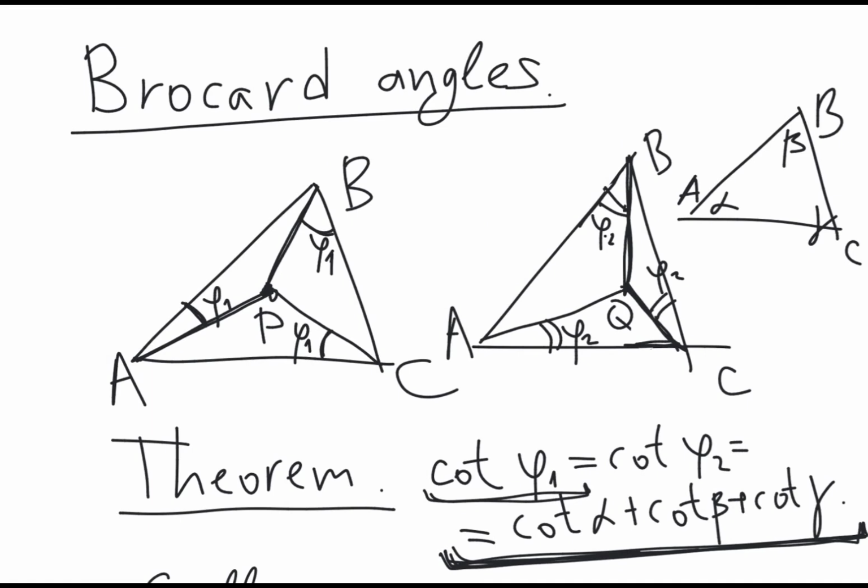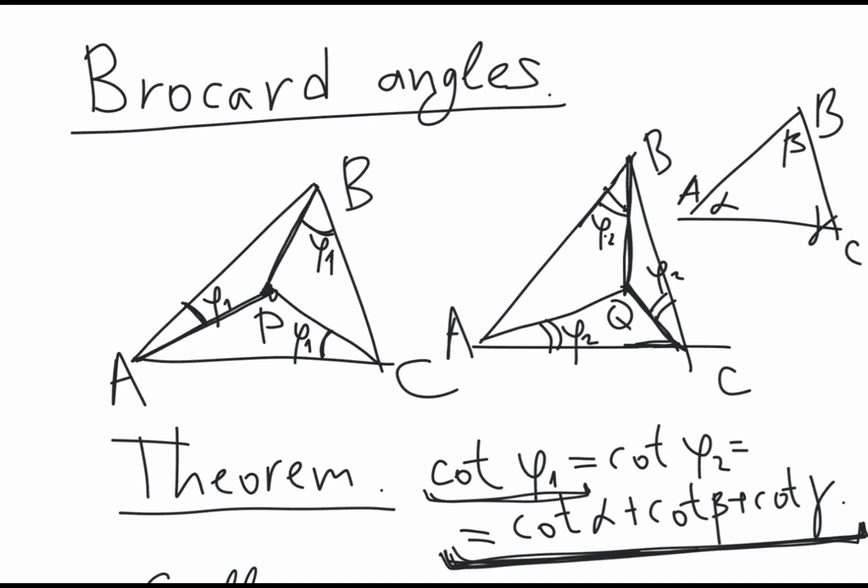All we have to do is basically change the order of the points A, B, and C. If instead of the triangle ABC we consider the triangle ACB, then the first Brocard point becomes the second Brocard point and vice versa. They exchange places.